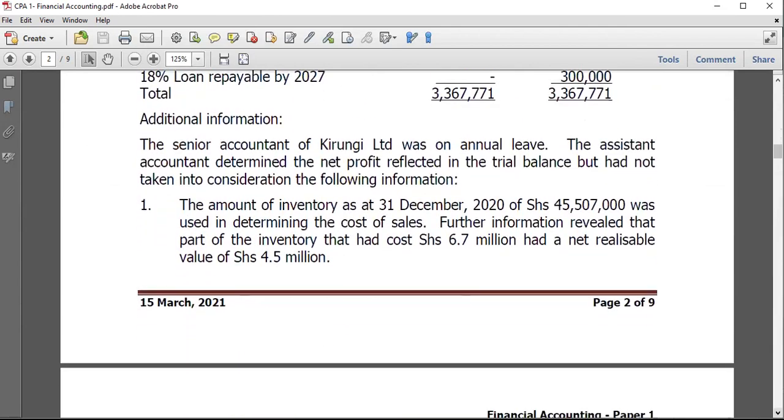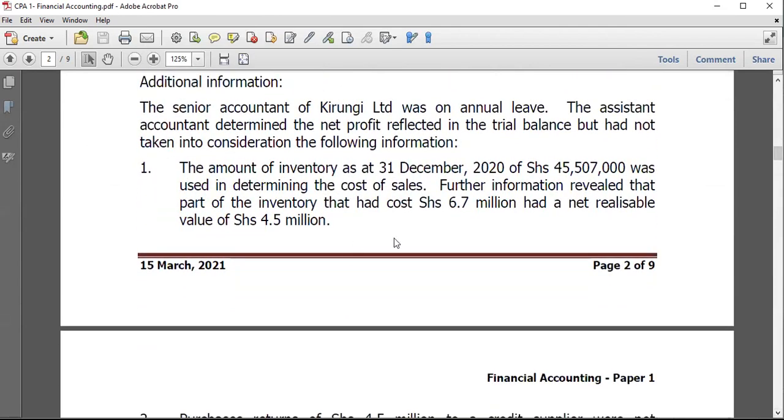Now, if you have this information where they're telling us that inventory needs to be revalued, that it had a cost of 6.7, and now there's a net realizable value of 4.5, what we basically have to do is remove this 6.7 from our value of inventory, and then add back the 4.5 on our inventory.